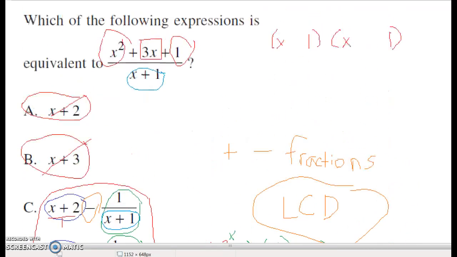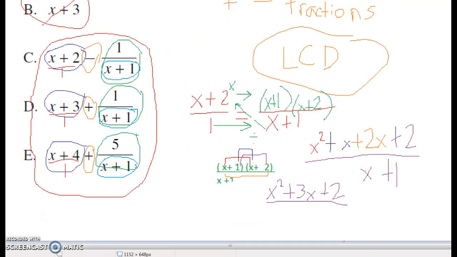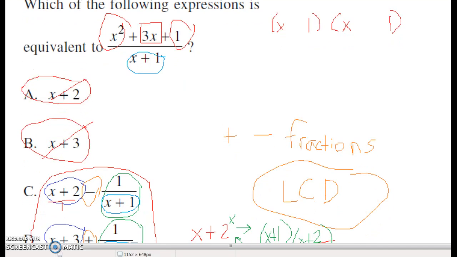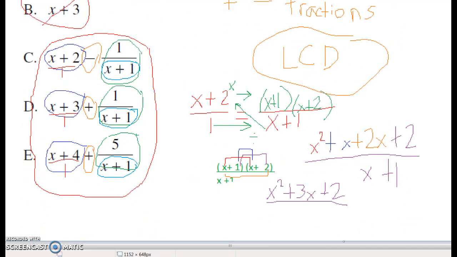Now I'm going to go back up to my original answer right here, and I just want to look at it for a minute to see where everything stands. So this right here has become our new first term, the new first term over x plus 1.